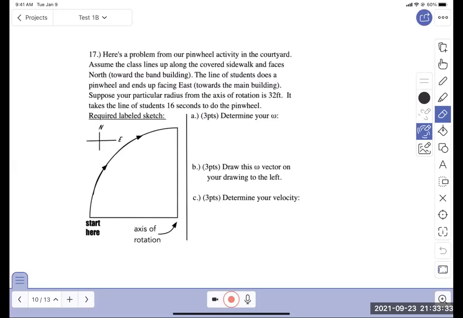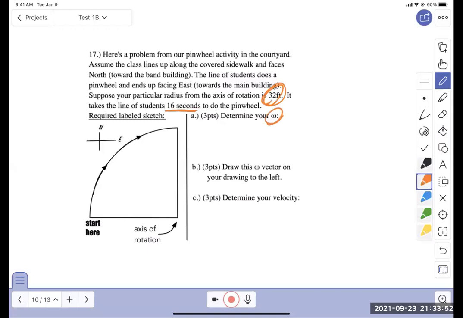The line of students does a pinwheel and ends up facing east towards the main building. You've all done this. Suppose your particular radius from the axis was 32 feet. It takes the line of students 16 seconds to do the entire pinwheel. So it says determine your omega.